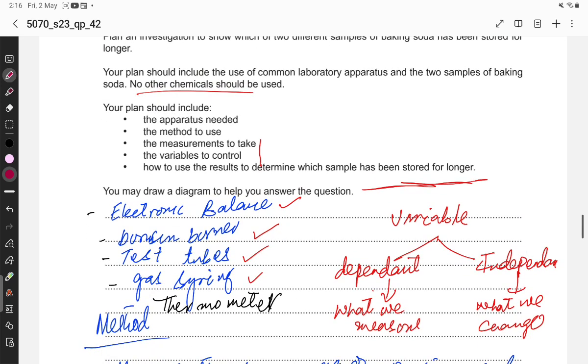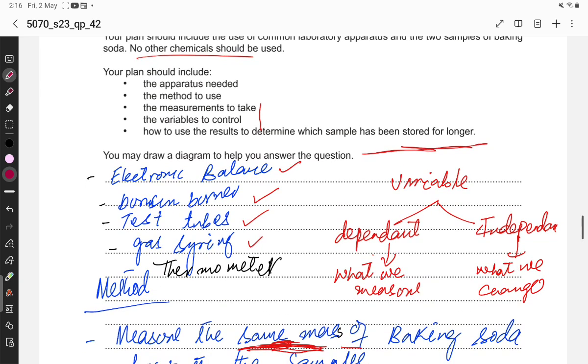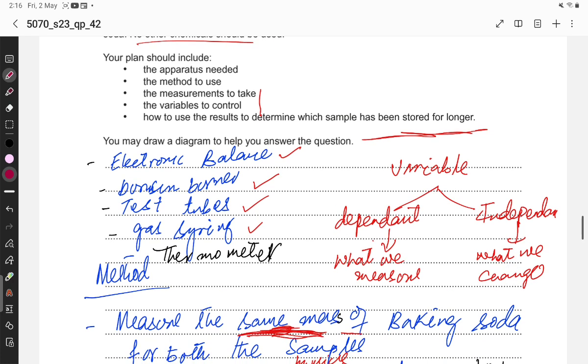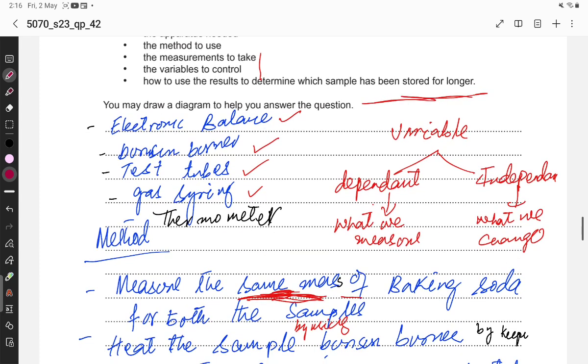Your plan should include common laboratory apparatus and the two samples. No other chemical should be used. Include the apparatus needed, the method, the measurements to take, the variables to control, and how to use the results to determine which sample has been stored for longer.